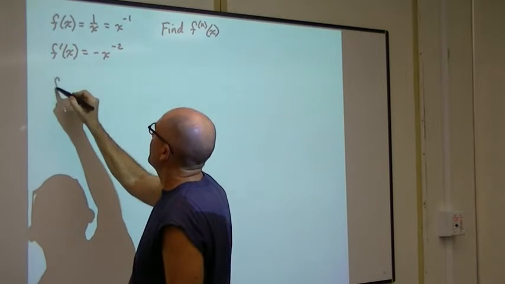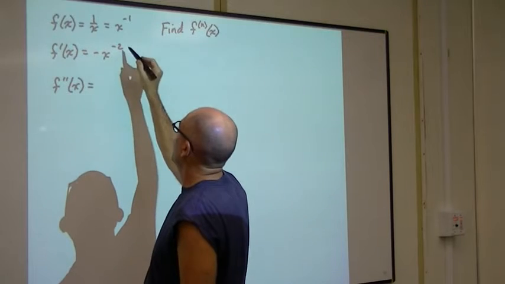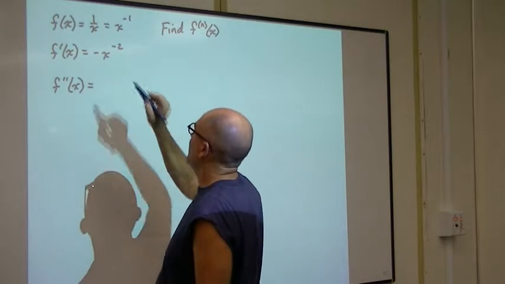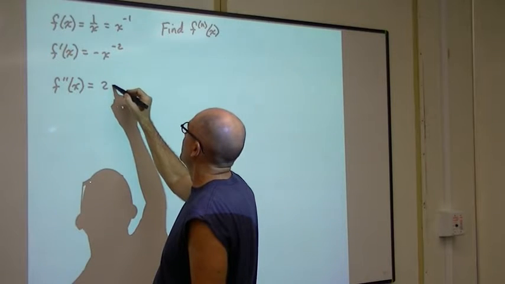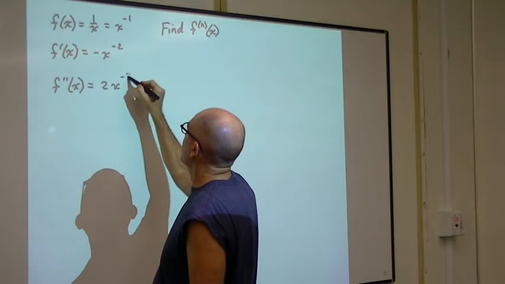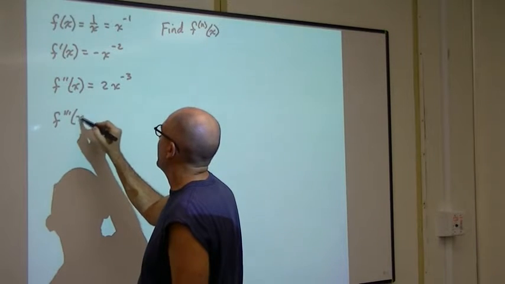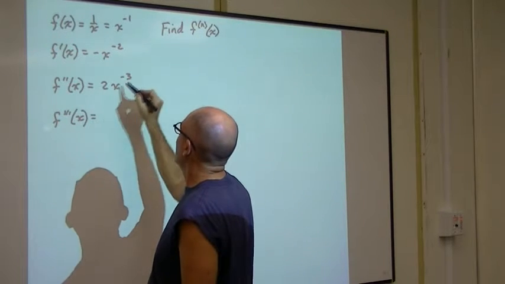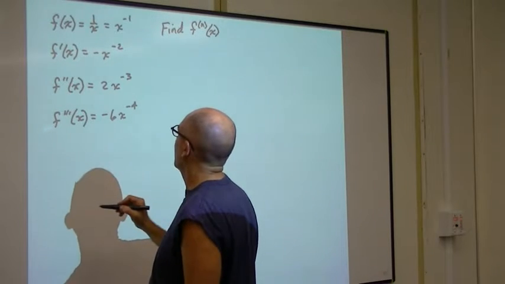Now, f double prime of x is going to be negative 2 times a negative 1, which is a positive 2, times x to the negative 3. And then f triple prime of x equals negative 6 x to the negative 4.